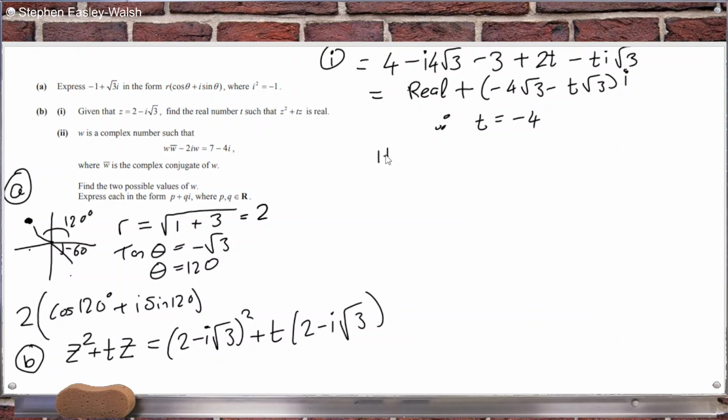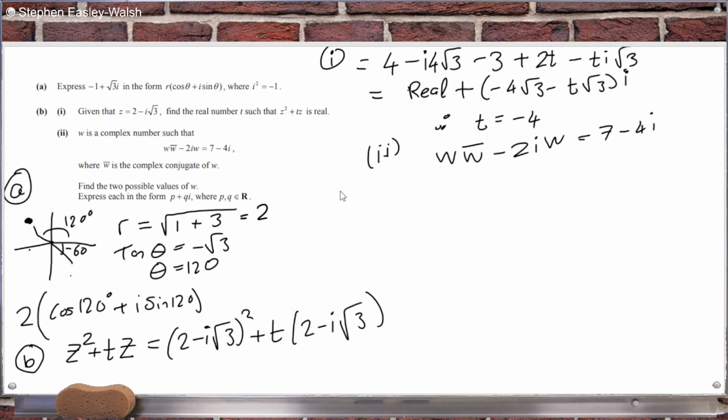And now the second part: w is a complex number such that w times its conjugate minus 2i times w equals 7 minus 4i. So basically we have to solve for w here.